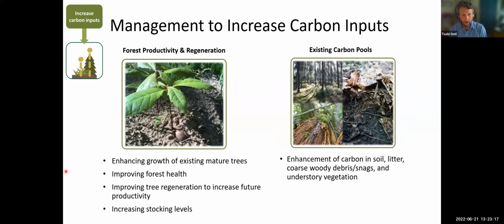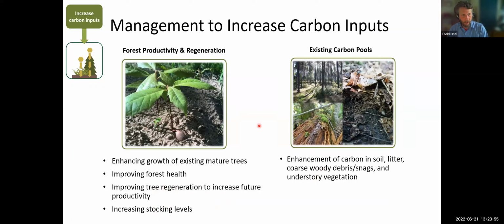Improving forest health, so that those trees can maintain high growth rates and aren't impacted by some of the stressors that are always at play in our forest ecosystems. Of course, we always need to be thinking about regeneration, the next generation of trees within our forests, and making sure that we're maintaining regeneration opportunities, because that's the future productivity of our forest. And all of these things add up to increasing stocking levels over time.